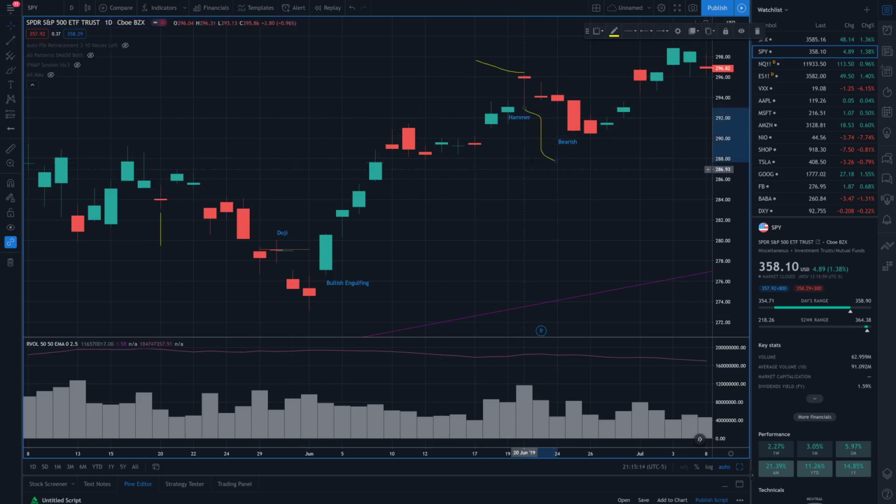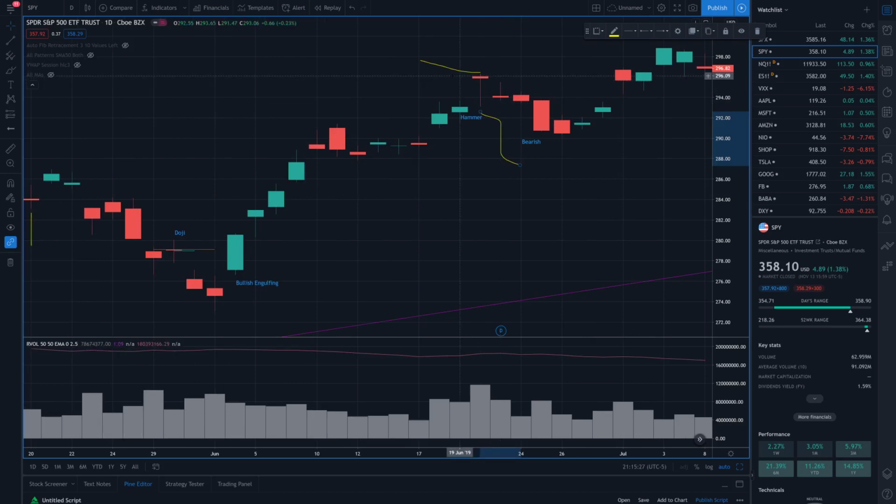That wick showed you that there was a lot of selling, because remember, it's on the bottom side here, because we opened right there at 296.09 and we closed at 295.89, and within that trading day we went all the way down and then came all the way back up.